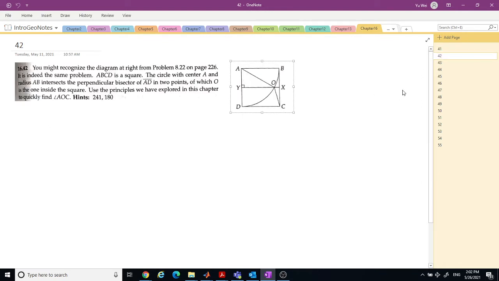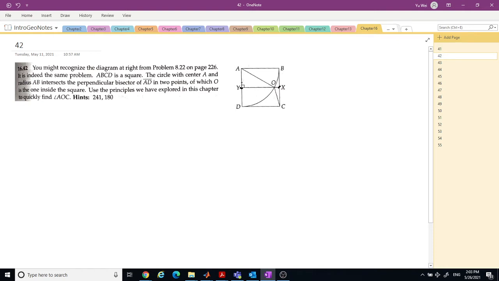Next, you might recognize the diagram on the right. We have a square, and X and Y are the midpoints of AD and BC.